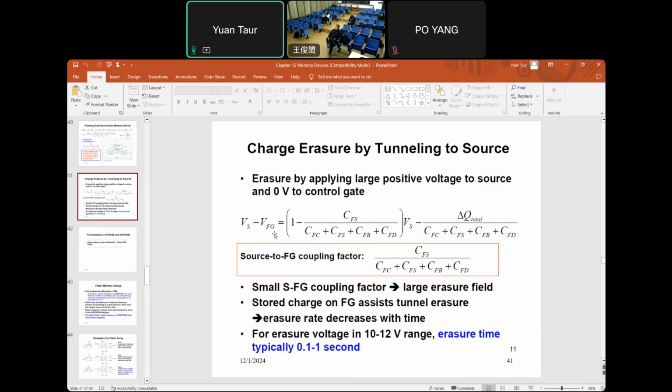For that, we need to apply a large source voltage. And in this case, we have to adjust this coupling factor.